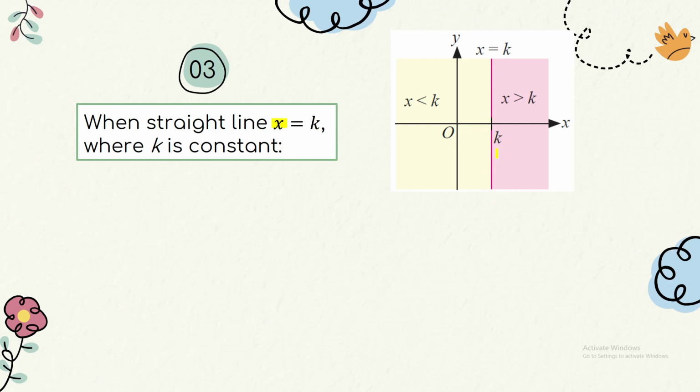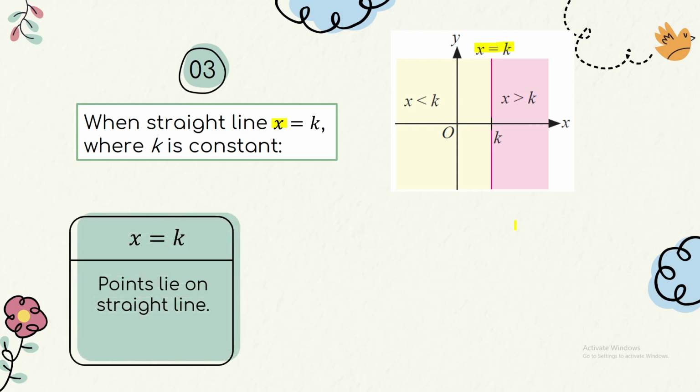This straight line represents x equals k, and if x equals k, the points lie on this straight line.